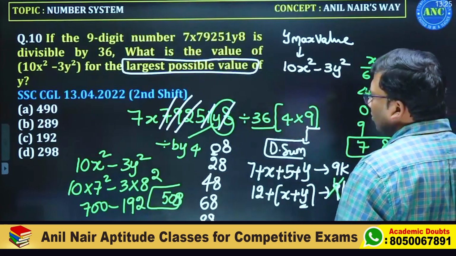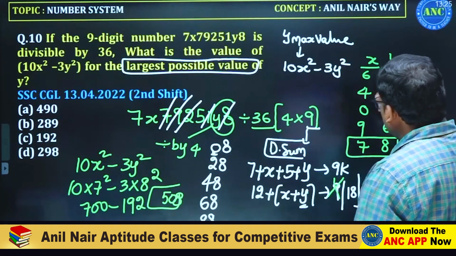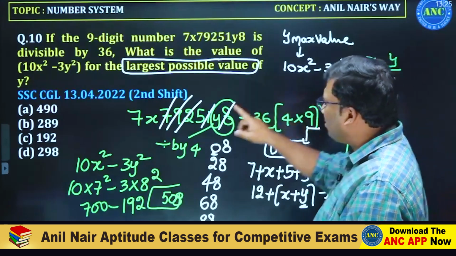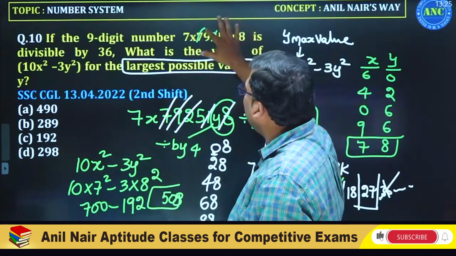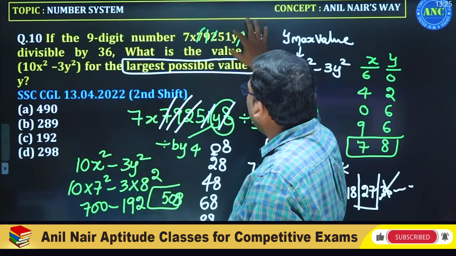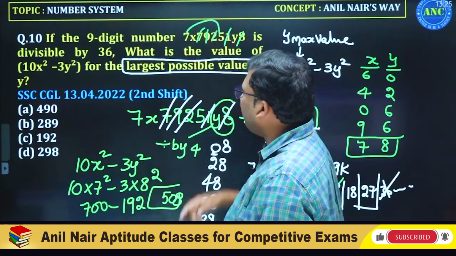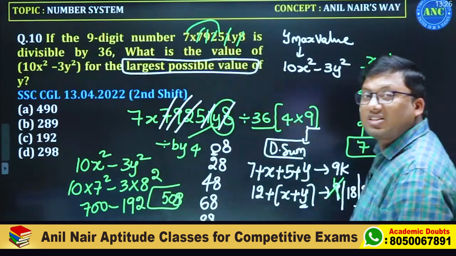Let us check whether all the possibilities are there. 7 plus 2, 9, cancel. It is also 9, cancel. 8 plus 1, 9, cancel. This will become 7 plus 5, 12. 12 plus x plus y. 12 plus 6, 18.